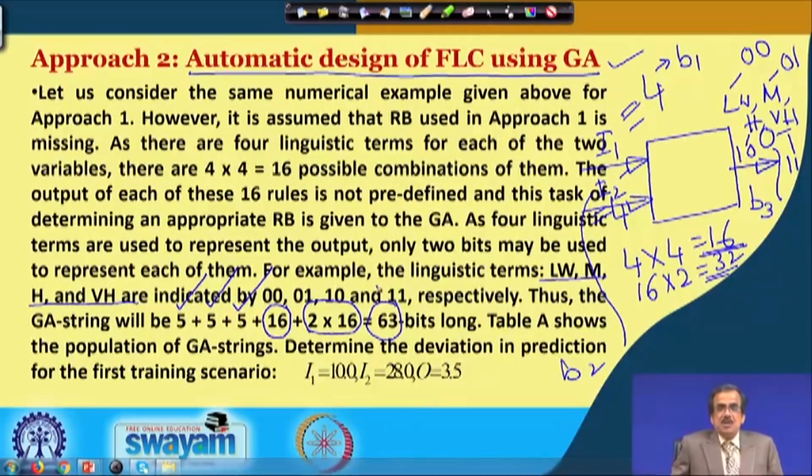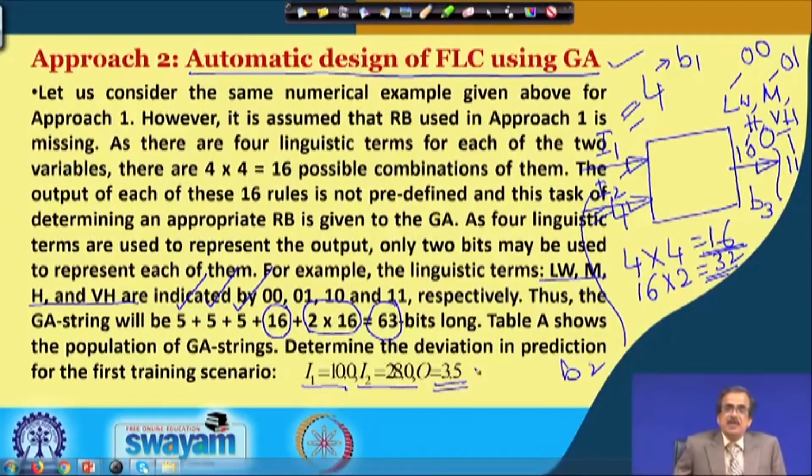So, the GA string will be 63 bits long, and each particular GA string will carry information of the database and rule base and the output of the rules for this fuzzy logic controller. Now, our aim is to pass one set of inputs, like I1 equals 10 and I2 equals 28.0, and we have a target output, that is 3.5.